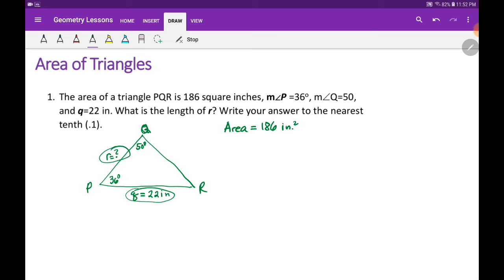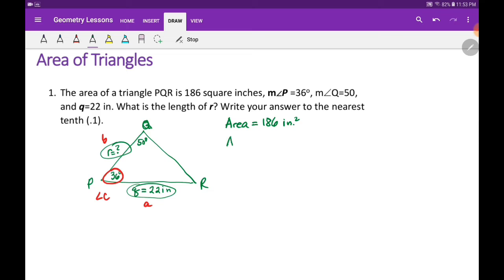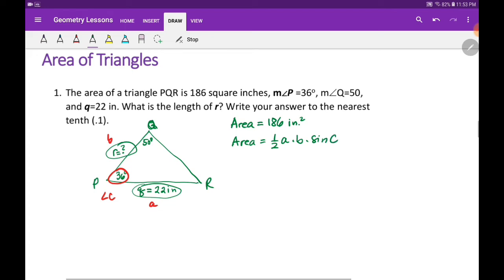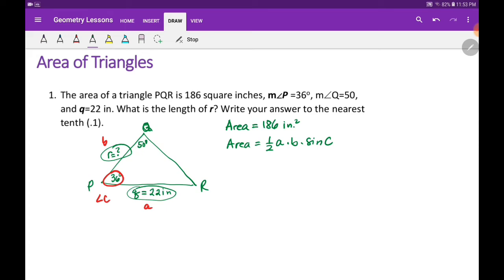So we can use our area formula using the sine ratio. We can assign this as a, this as b, and that's our angle C there. So let's use our formula. Area is equal to 1/2 times a times b times sine C. So now we know that the area is 186 square inches.